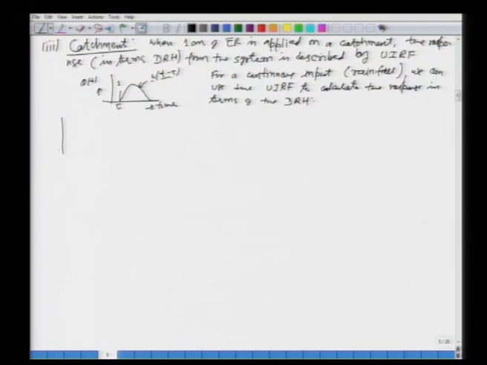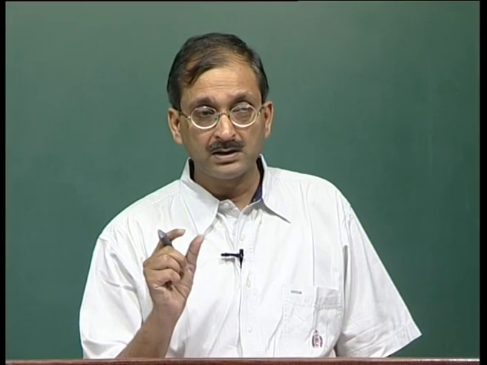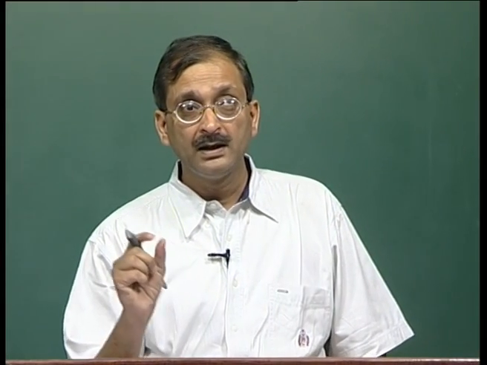Let us say this is your time domain and you have some continuous rainfall like this, and this is the intensity of rainfall represented by I(tau). Let I(tau) be the rainfall intensity in, let us say, centimeters per hour or some suitable units during d tau, where d tau is an extremely small time interval, so that its duration can be neglected.